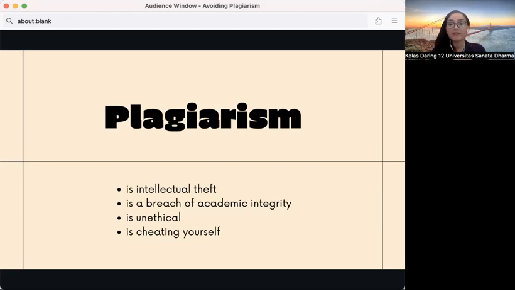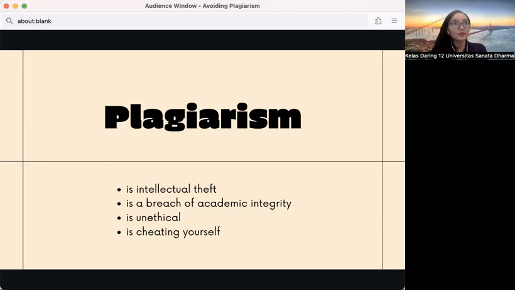Your most important investment is yourself, your creativity, your writing creativity. So if you plagiarize, or if you use the sentences, words, or even paragraphs from AI, or what is most popular nowadays, ChatGPT, it means that you are cheating yourself.